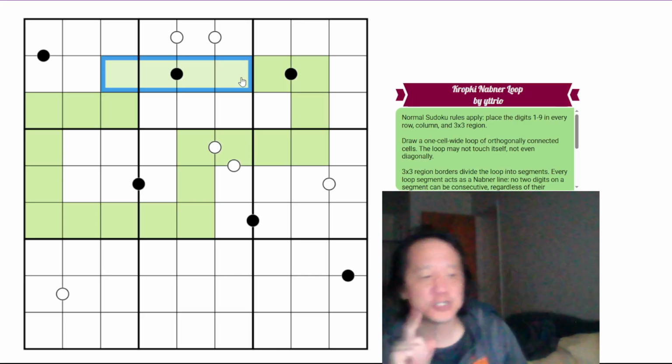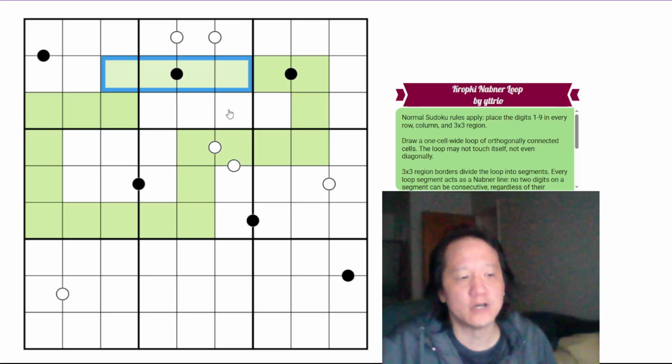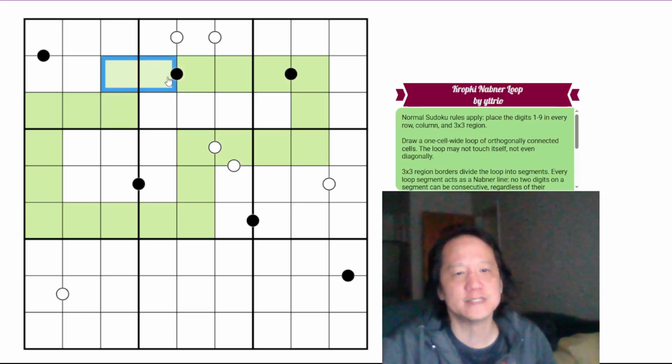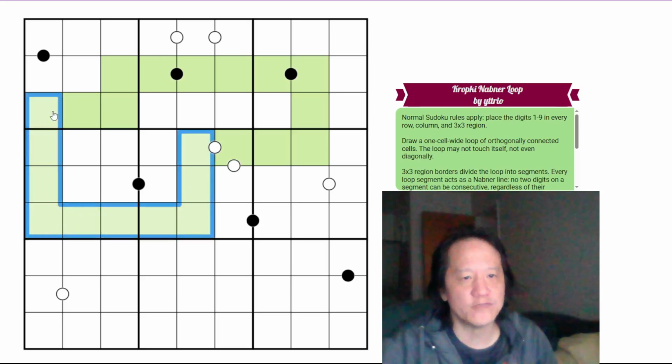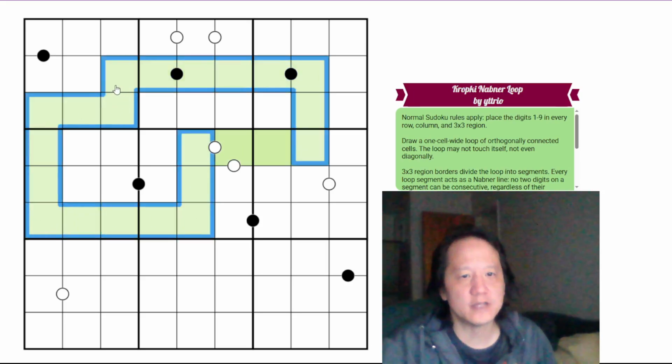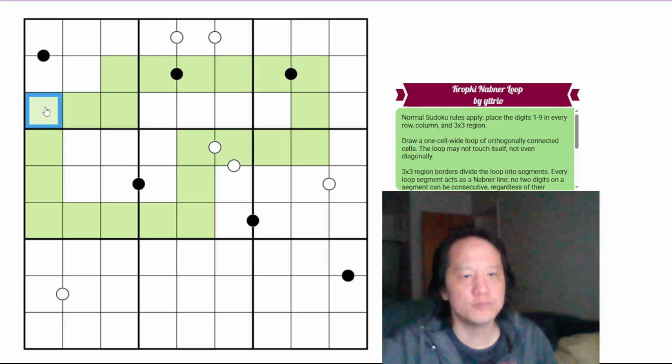And if it shares a corner with a cell on the loop, it must be either its neighbor or it must share a neighbor, right? So these share a corner, they share a neighbor. That's why this is all a valid loop, because each cell on the loop shares an edge with exactly 2 cells on the loop. And whenever they share a corner with another cell on the loop, they're either neighbors or they share a neighbor.